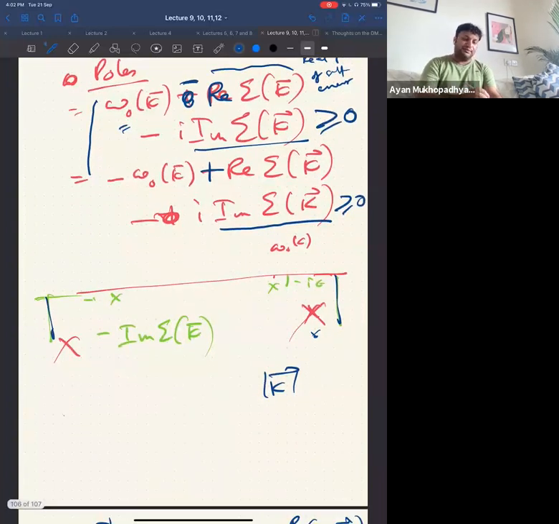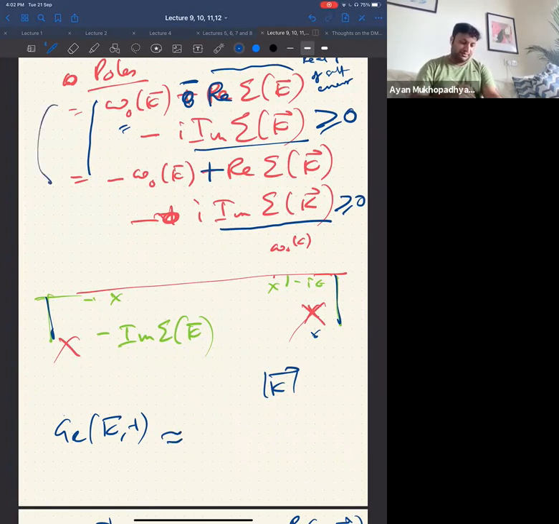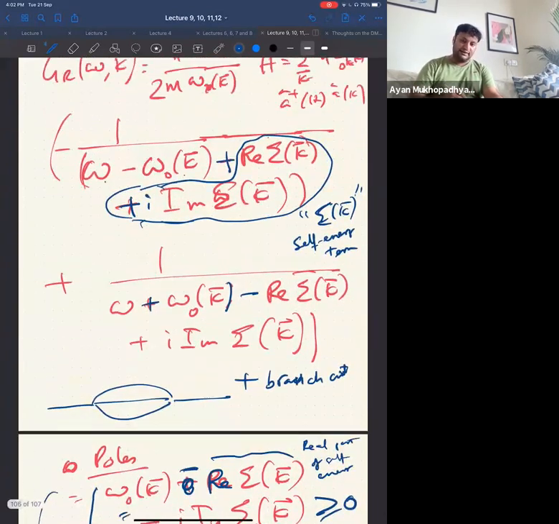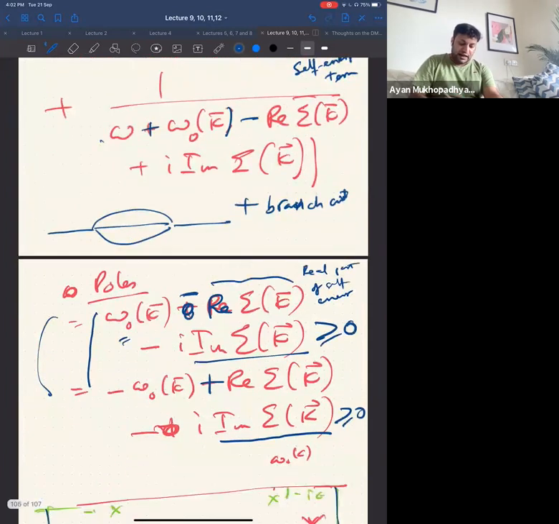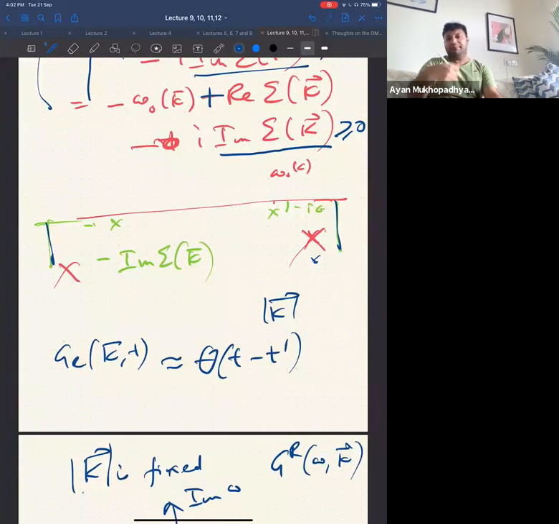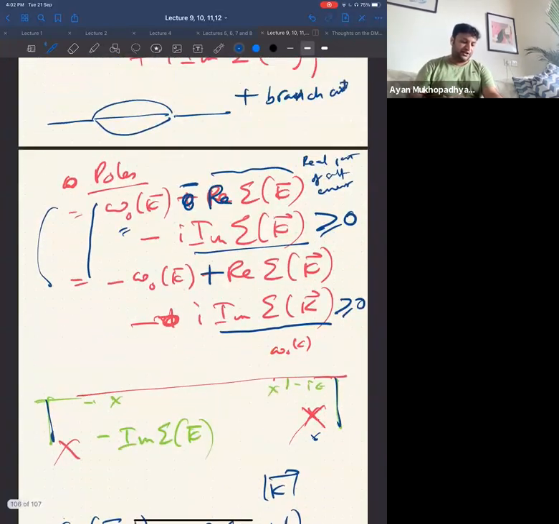If I do a Fourier transform of this at a particular K, I get G^R_K as a function of T. How is it going to look? If I do a Fourier transform of this, I would simply pick up the pole contribution. Because there's an overall minus sign here, a minus here and a plus here, I will get a sine. So there would be theta(T minus T prime) again, because I'm just doing the Fourier transform of this.